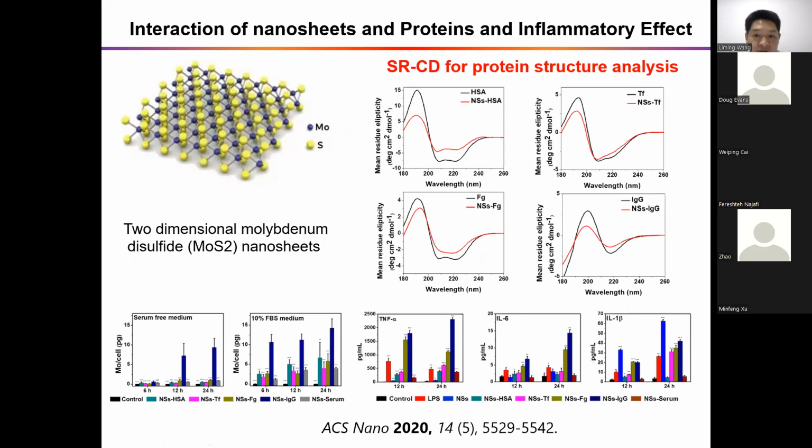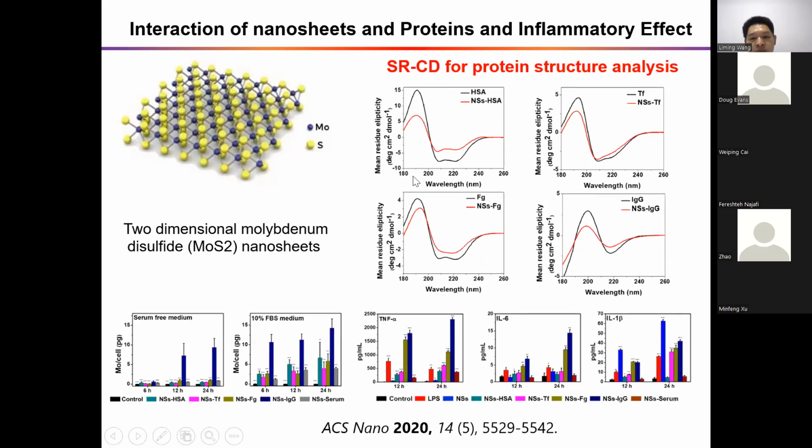SRCD is more powerful than traditional CD because it can reach a much lower wavelength. Traditional CD can only go from 190, and SRCD can reach 160 nanometers.